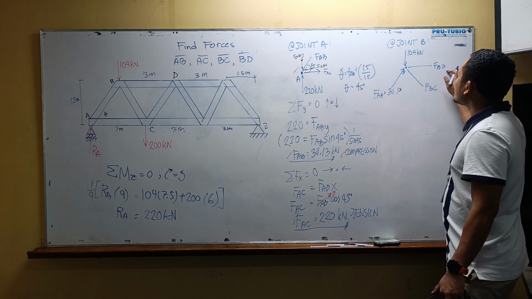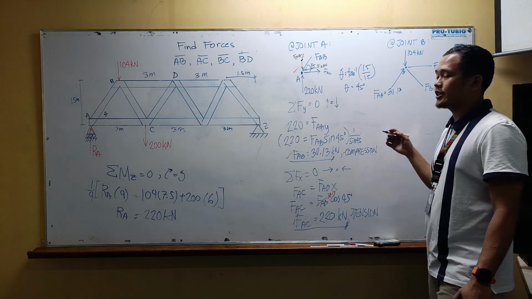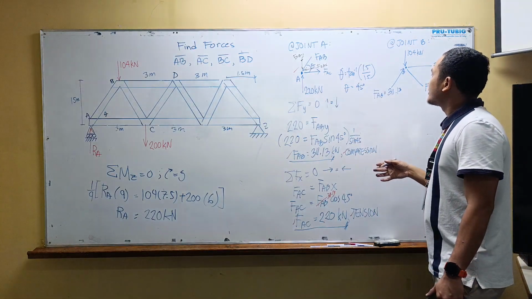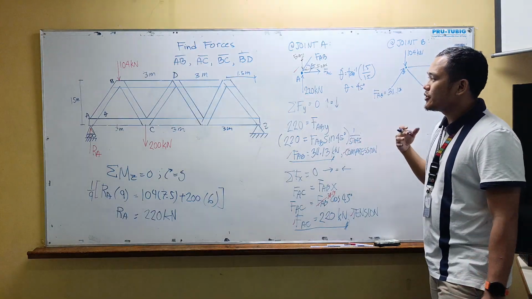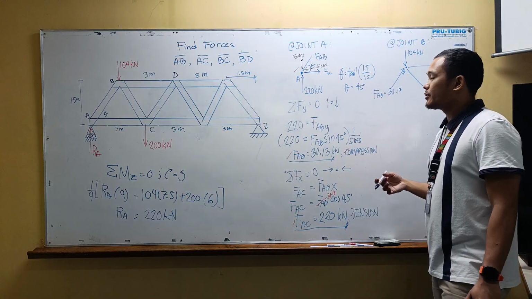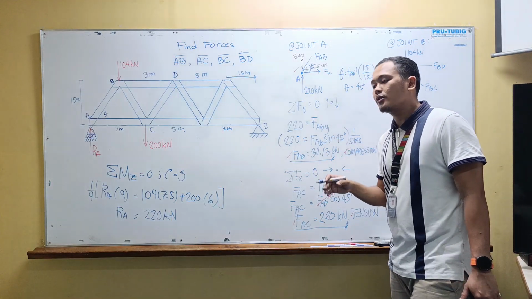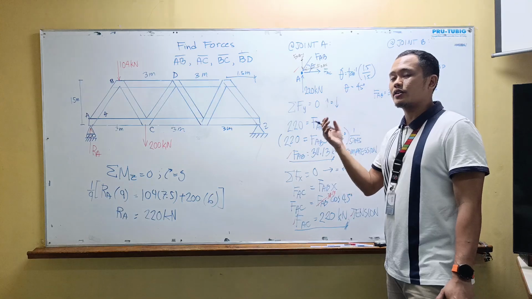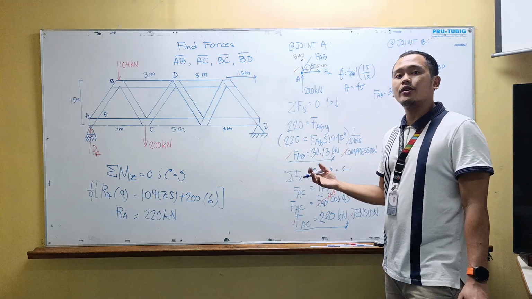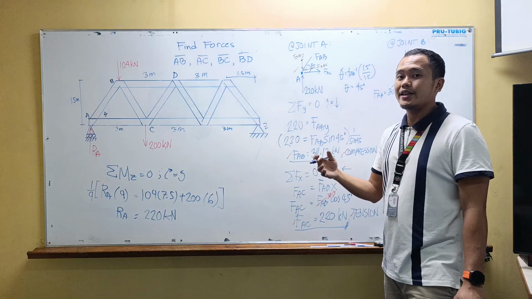So what about FBD and FBC? How do we know if it's compression or tension? Well, at this point, you don't have enough experience to really say right away, but what you can do here is to assume a force, if it's a compression or tension, and then later on when we're trying to solve, we will find that we get a negative value.